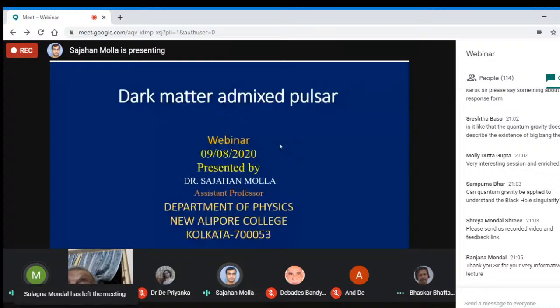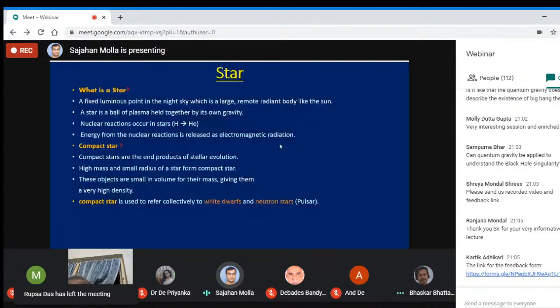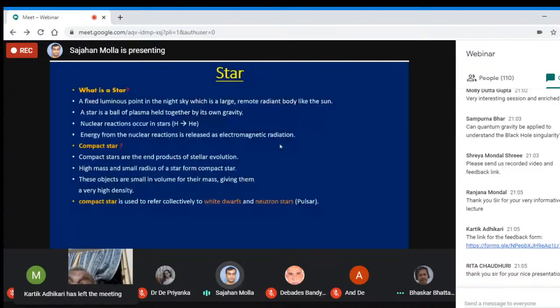Good evening, everybody. Today I want to discuss the dark matter admixed pulsar property, and I want to give the basic idea about the star. At the start, what is a star? A star is a luminous fixed point in the night sky, a large, remote, radiant body like our Sun.